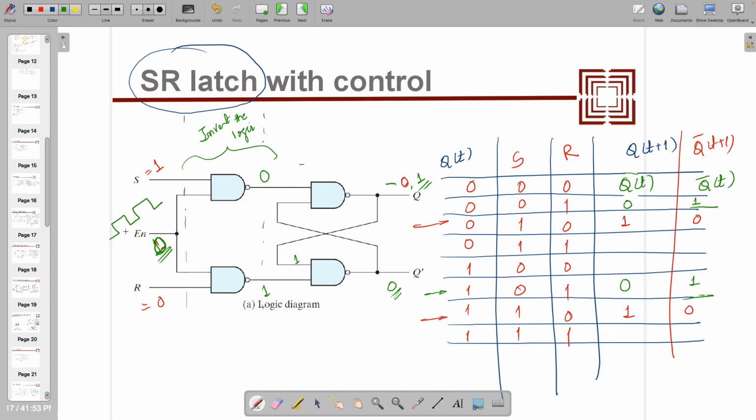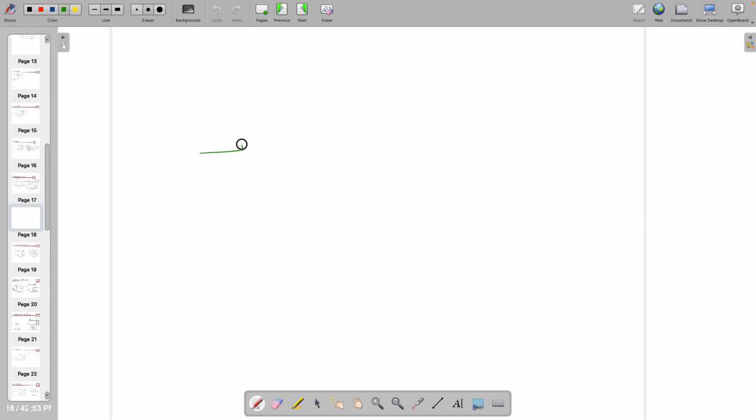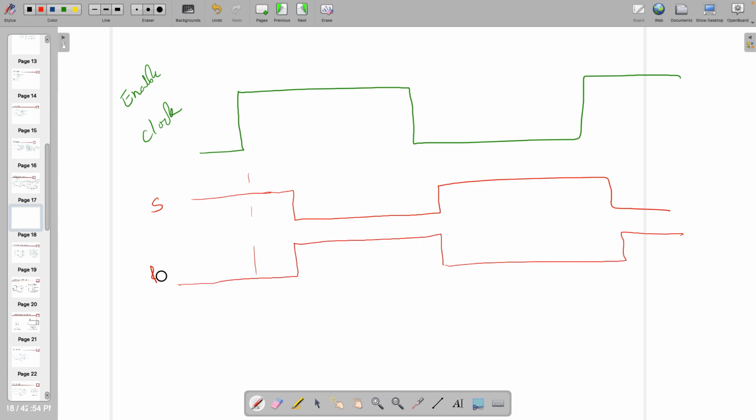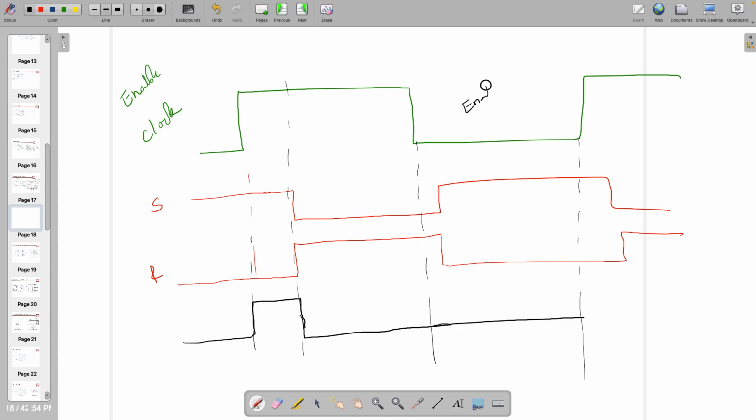So what I wanted to show over here is, if this is a clock, which was previously named as enable, so whenever enable is 1 and whatever input I am giving, set, reset, whatever is there, so in between if I am changing it, let's say if this is the input I am giving, something like that, set and reset I am giving like this, then I should have output of logic 1 over here, then here it has to be 0, and here it has to latch because this enable equal to 0, right?